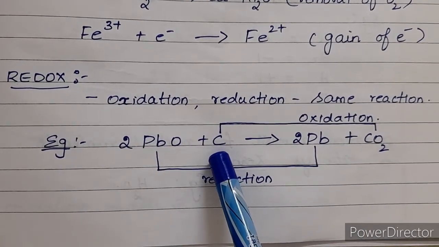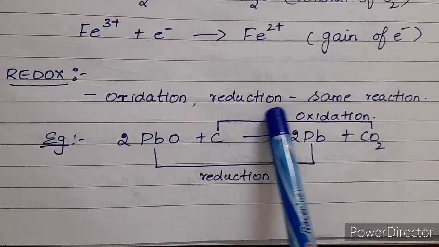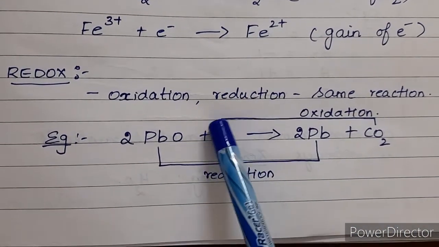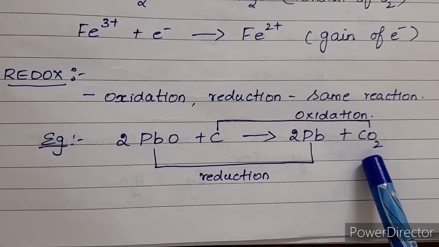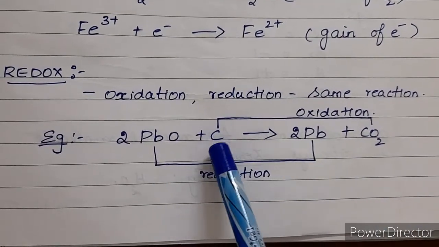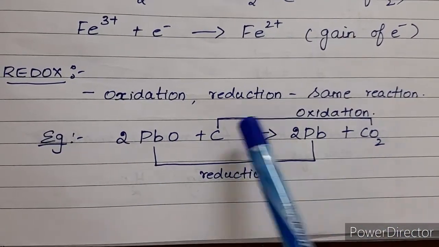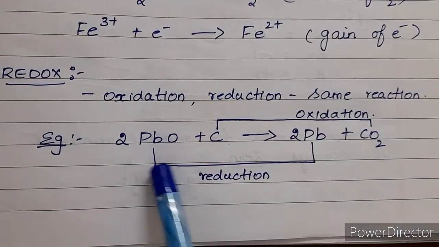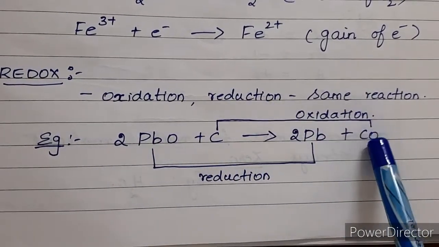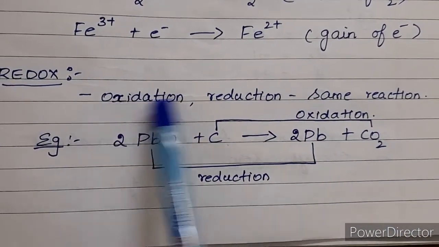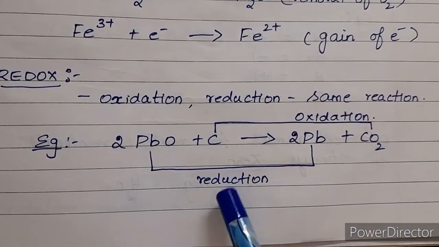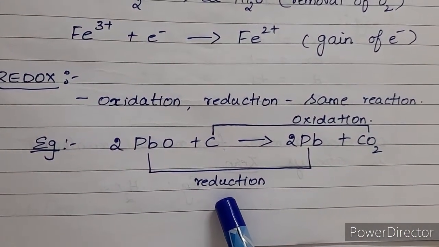On the reactant side you have carbon, and it gets oxidized, that is, oxygen gets added to the carbon and it becomes carbon dioxide. The conversion of carbon to carbon dioxide is the oxidation process. So the reduction process and the oxidation process take place in the same reaction. So this comes under redox reaction.